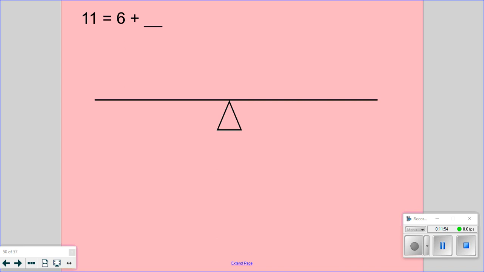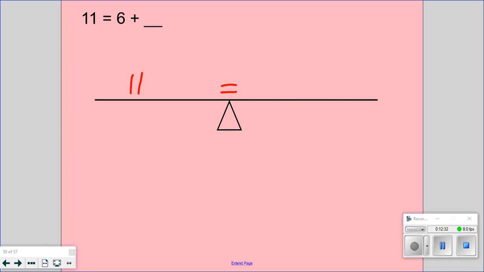That means one side of my balance, and I put my equal sign in the middle. One side of my balance is worth 11. I don't have 11 written, but I know that 11 comes right after 10. So this is 11. That means the other side of my balance, Madison, is what? What is literally, what am I writing?